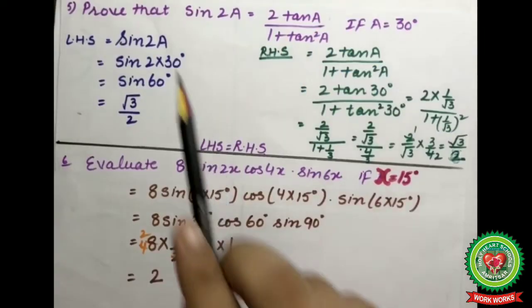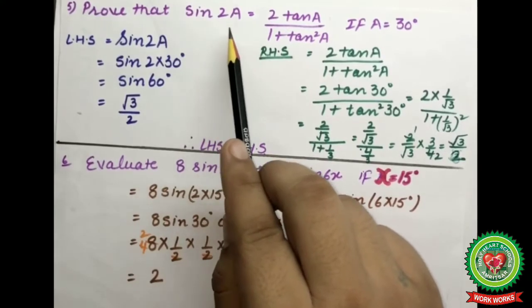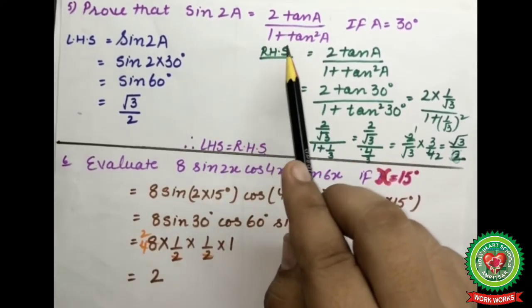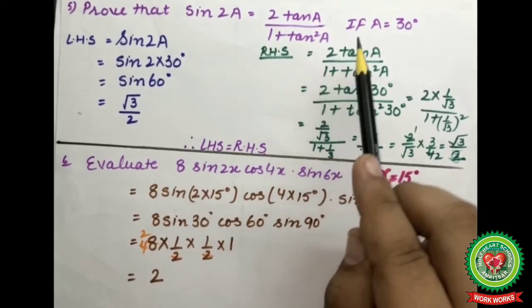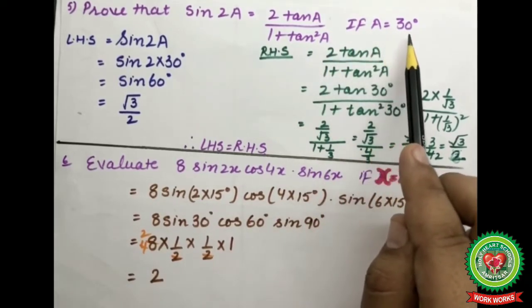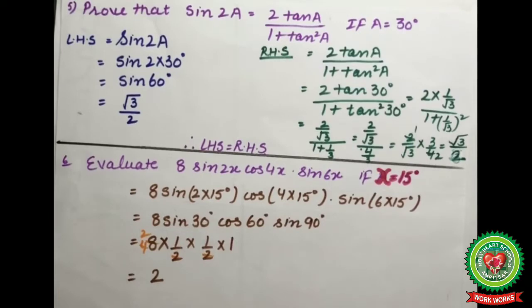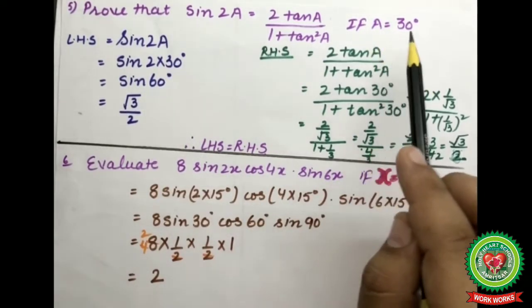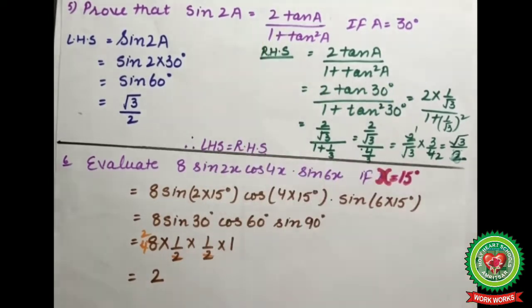The next sum is: prove that sin 2A equals 2 tan A upon 1 plus tan square A, if the value of A is equal to 30 degrees. Now students, we are going to solve this sum in two parts, taking the left hand side and the right hand side. And we are going to substitute the value of A as 30 degrees on both sides.